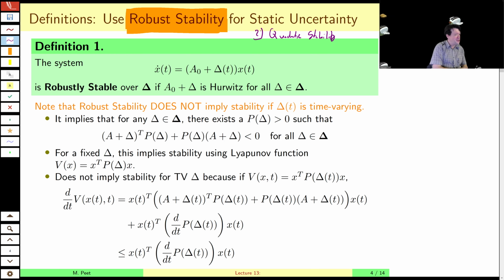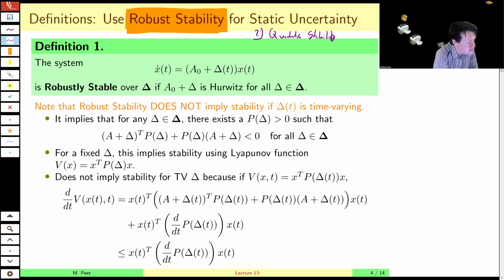A system is stable or it's not stable. It's stable for all uncertainties in the set, or it's not stable for all uncertainties in that set. But that's not really what robust stability means. Robust stability is a bit of a tricky beast.